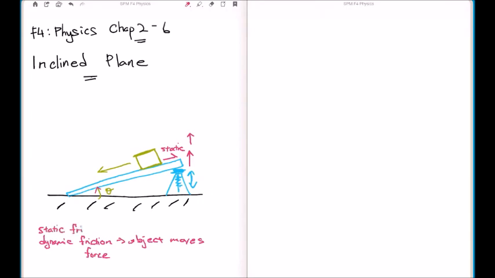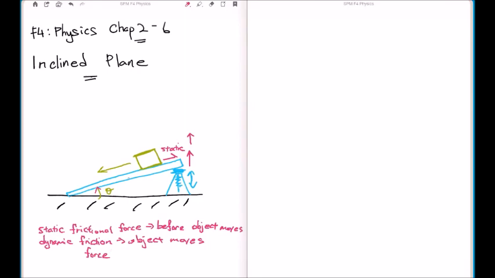It is the impeding force before the object moves. That kind of frictional force is called static frictional force. When the object starts to move, that's dynamic frictional force. Let's not talk about frictional force. Here we'll talk about inclined plane.